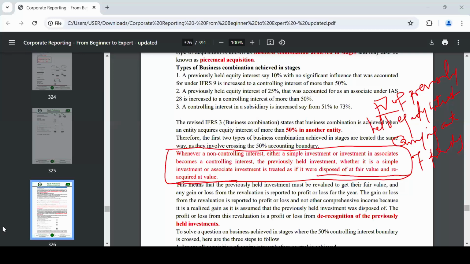The current fair value versus the carrying amount of your previously held equity. The difference between these two is going to give us the profit or loss on the recognition of your previously held equity. Meaning that we are going to solve as though you sold those equity interests you used to have.